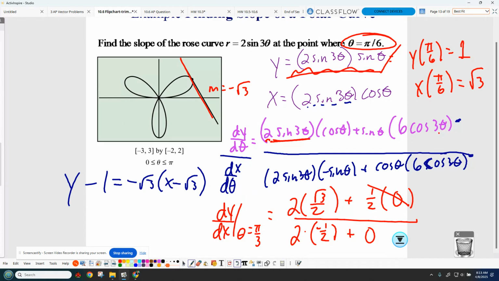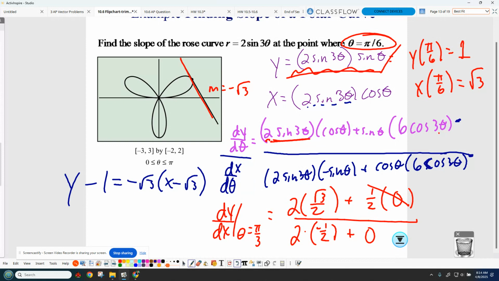Okay, so with polars, the big deal is x is not x, it's the radius times cosine. y is not y, it's the radius times sine. And doing the derivative is ugly, but perfectly reasonable.